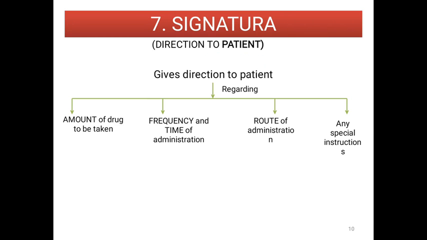Then next one, signatura. It is a direction to the patient. It gives direction to the patient regarding amount of drug to be taken, then frequency and time of administration, route of administration, and if there is any special instruction it should be written.